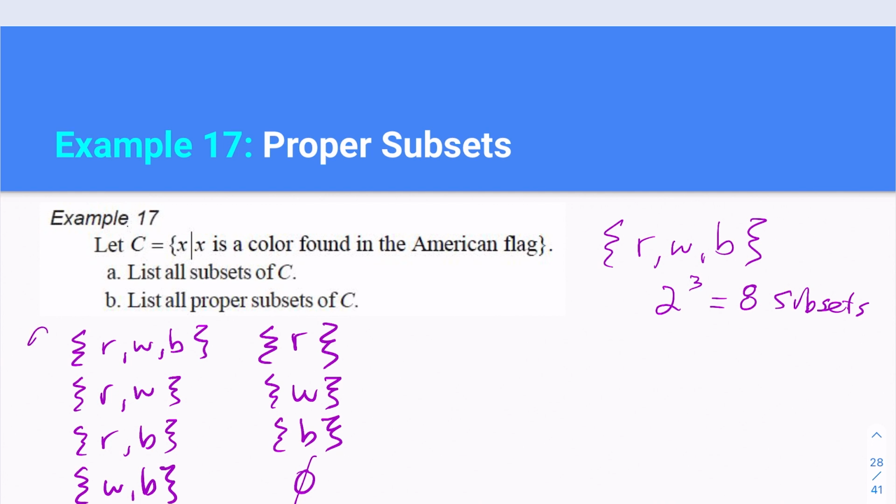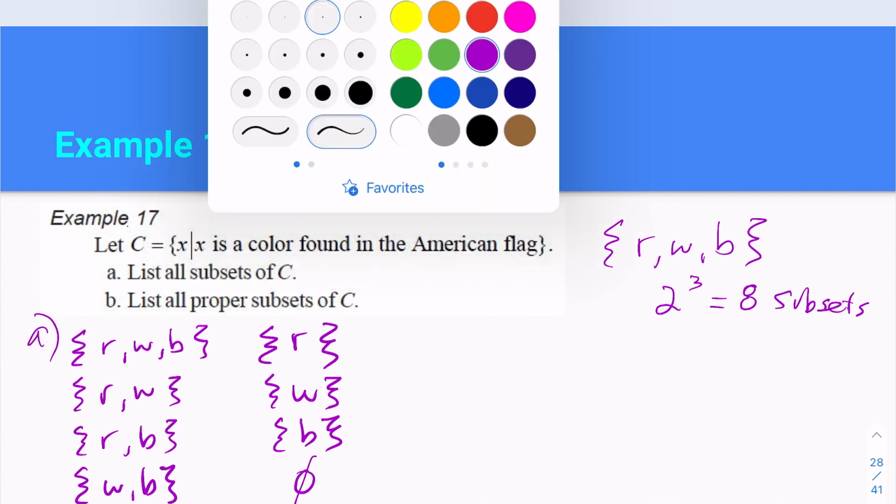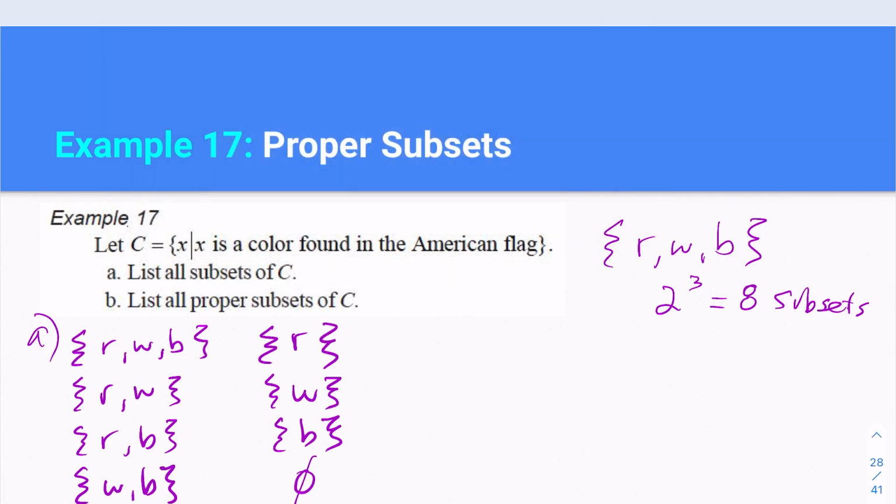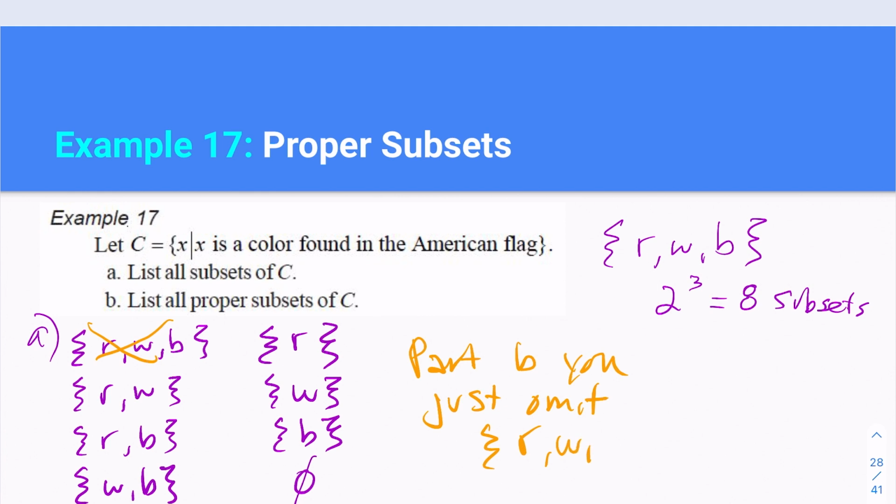So this is part A, and then part B would be the same thing, except you just omit the set itself, R, W, and B. Okay, and there you have it, the 8 subsets or the 7 proper subsets.